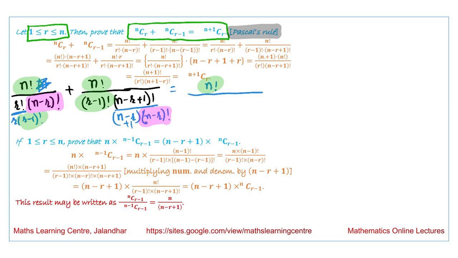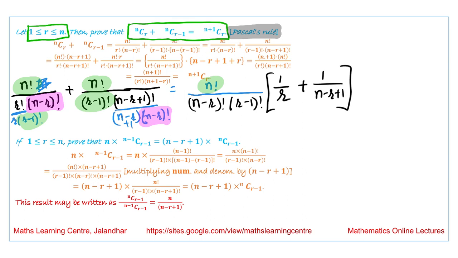We are taking these terms common from this. So from the first term we are left with 1 by r, and from the second term we are left with 1 by (n minus r plus 1).